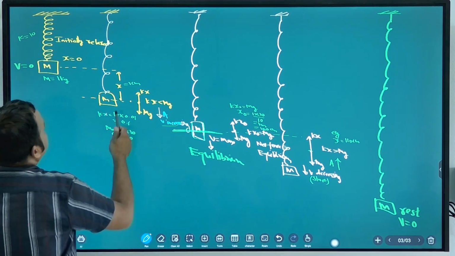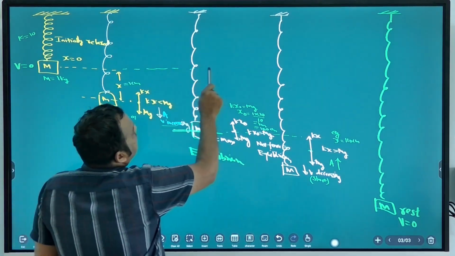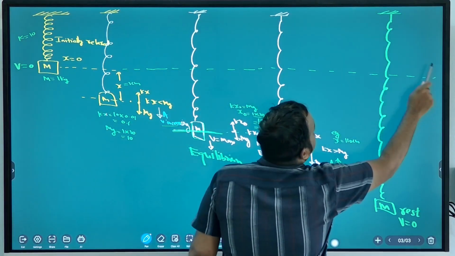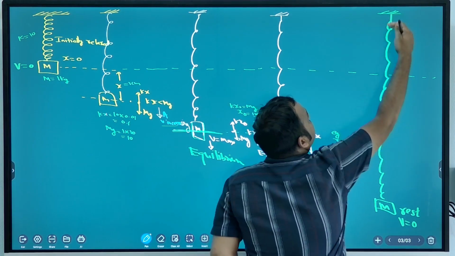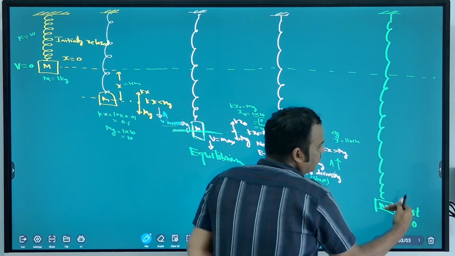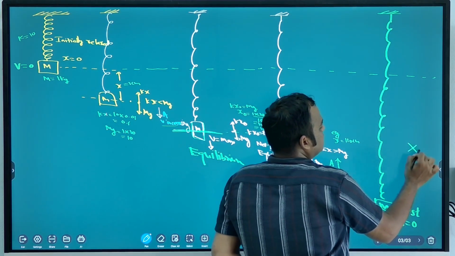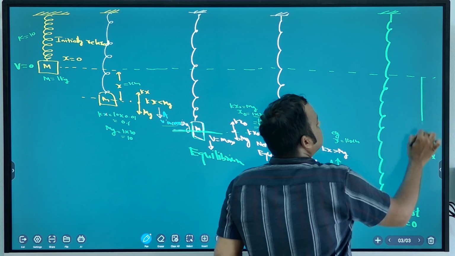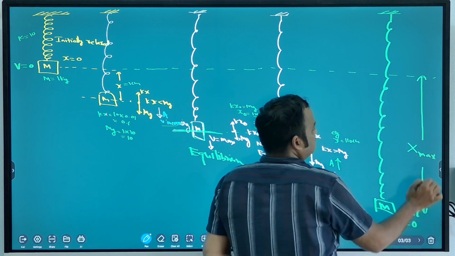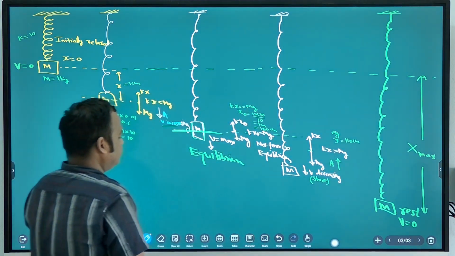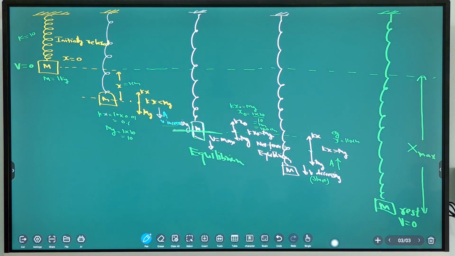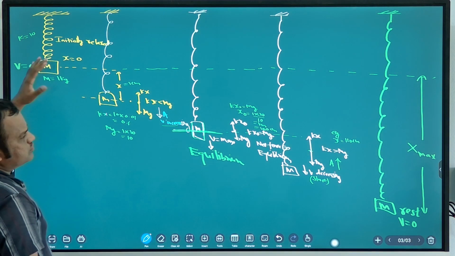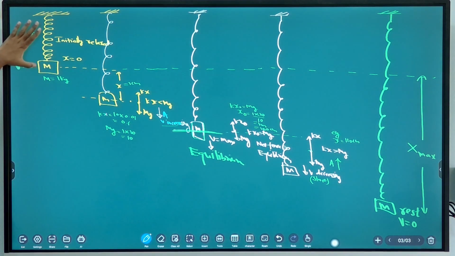Now the question is, first you draw this. So here to here it is natural length, and here to here is the elongation. What is this maximum elongation? We have to find it. Understand it. See, spring is there, connected here.